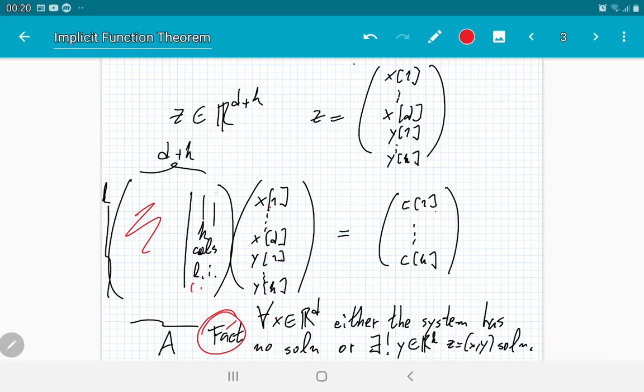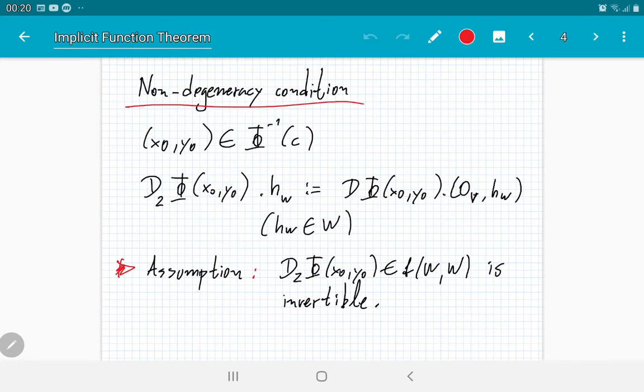So this is just for linear systems with d plus k unknowns and k equations. And we have this non-degeneracy condition about k columns being linearly independent. I'm going to tell you about the abstract version of that, which holds for any nonlinear function.